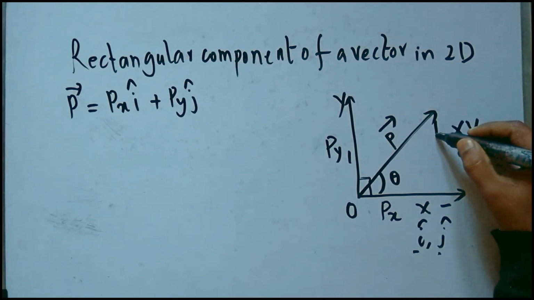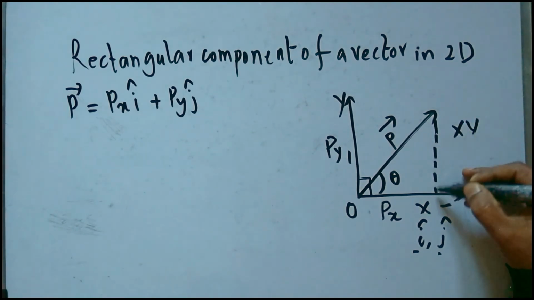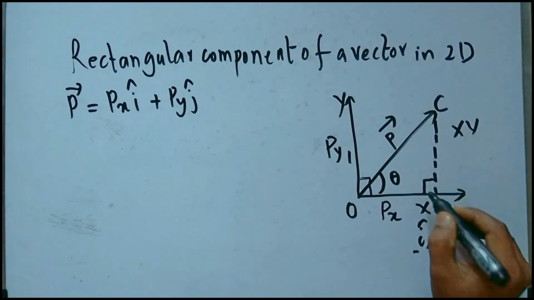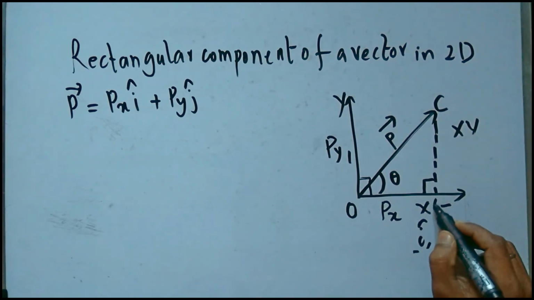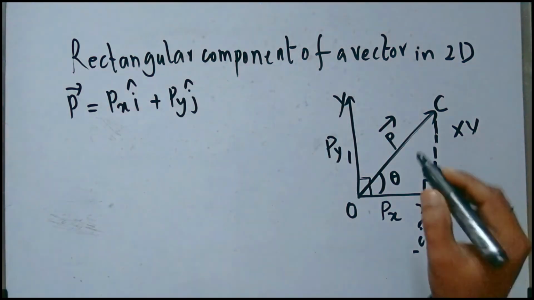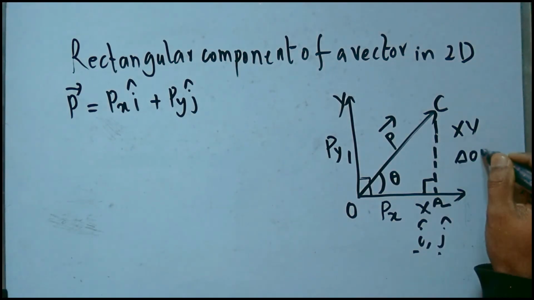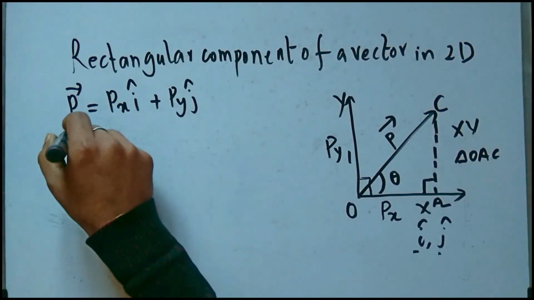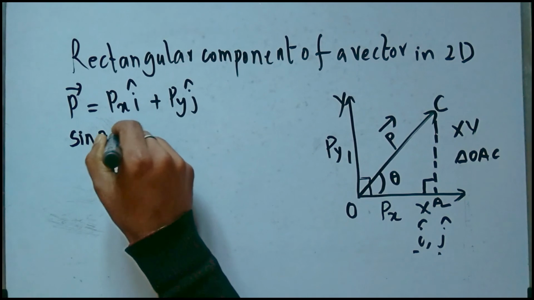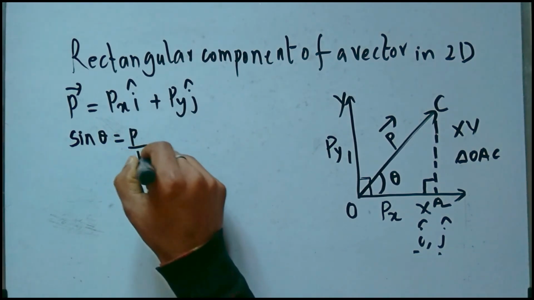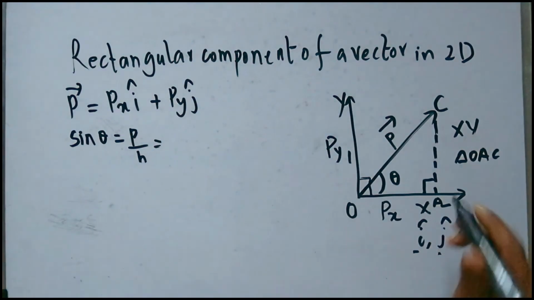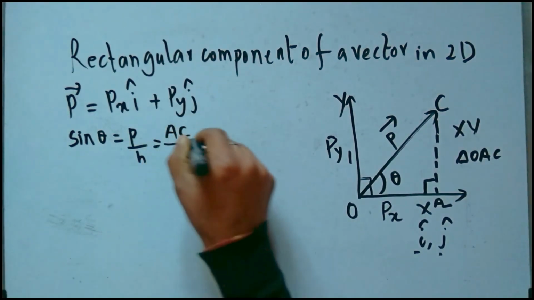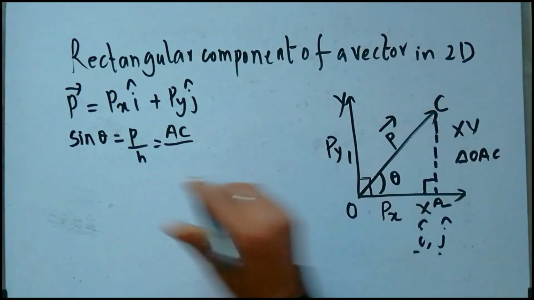Now if we draw a perpendicular on x-axis from this point, let it be C, this be A. So in triangle OAC, we know this is a right angle triangle, so sine theta is equal to P by H. Here P is AC and H is OC.